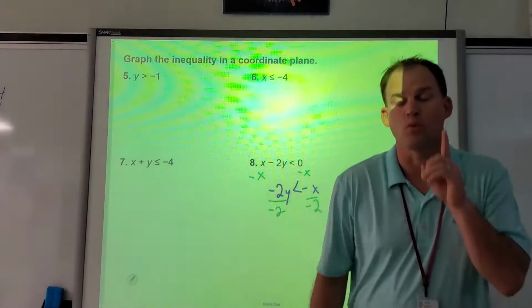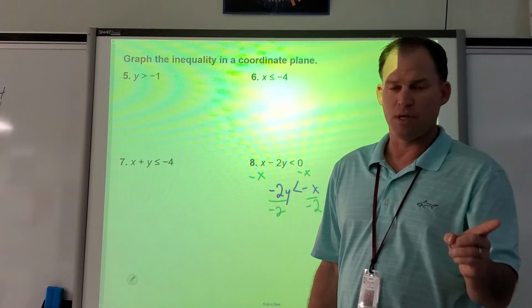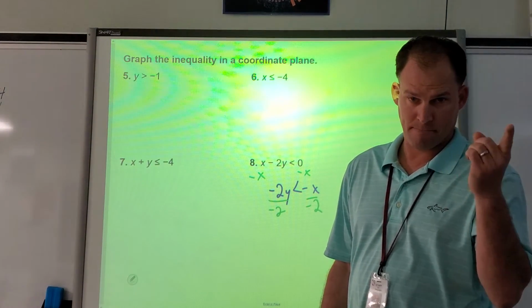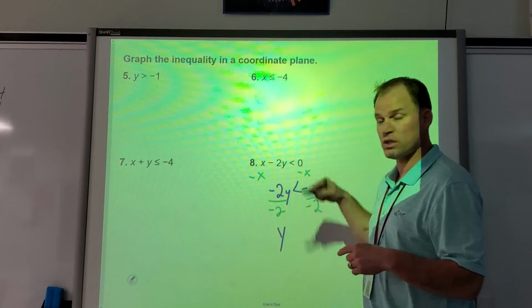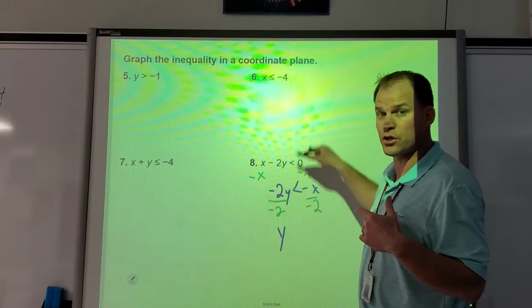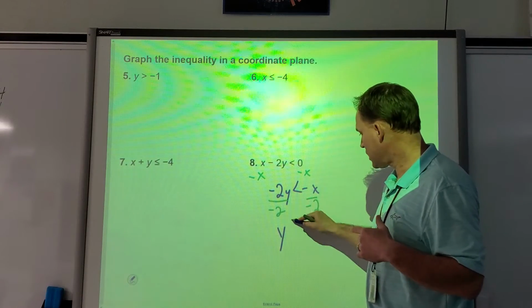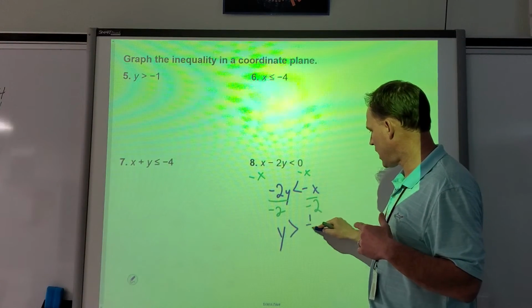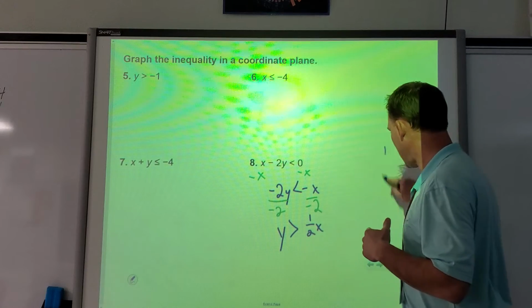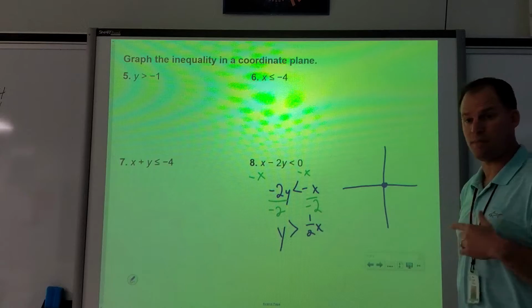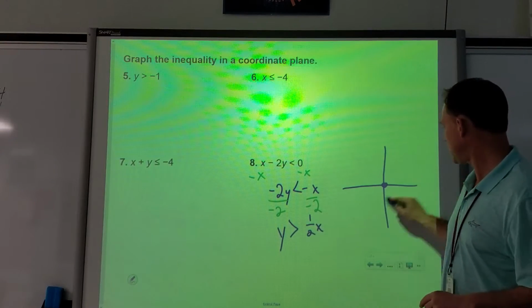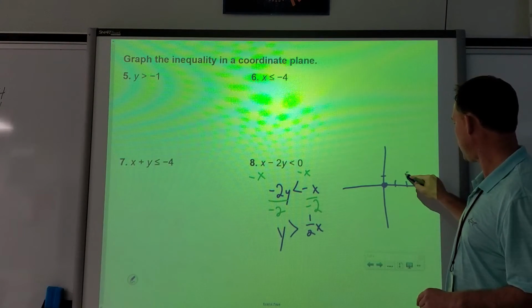What happens when you divide by a negative number? Flip the inequality. So that's why I say keep the inequality in if you're going to do this method, okay? The inequality turns around. I get 1/2 x. Now I can graph this. My y-intercept is 0. I don't need to worry about it because I'm not doing test points. My slope is 1/2. Up 1, right 2.